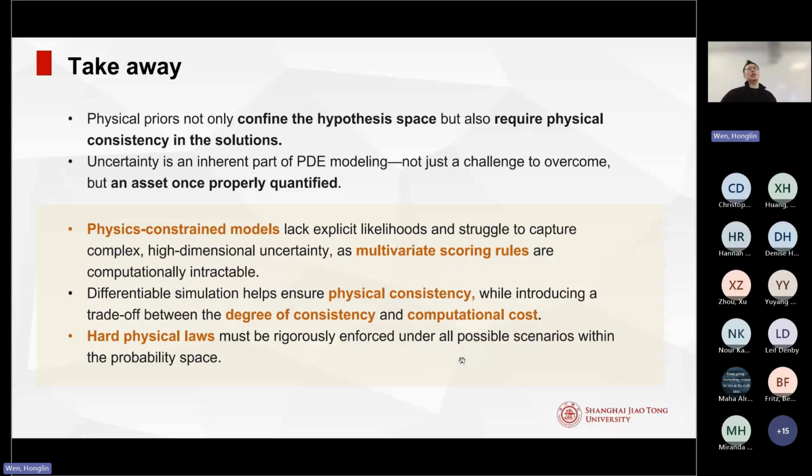But in some very special cases, this problem is very simple. Let's say we want to ensure the consistency at the initial condition. That's just a very simple equation, right?